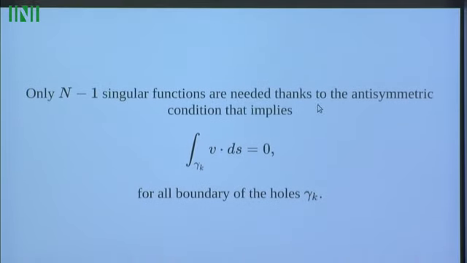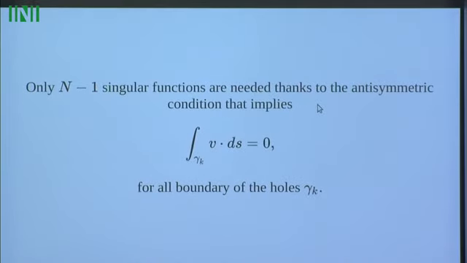And so on all the holes of my domain D, if I compute the integral over the boundary of V dot ds, it's equal to 0. So I get this extra condition, and in fact I do not need 2n minus 1 singular functions, but 2n minus 1 minus n, and then it's n minus 1.